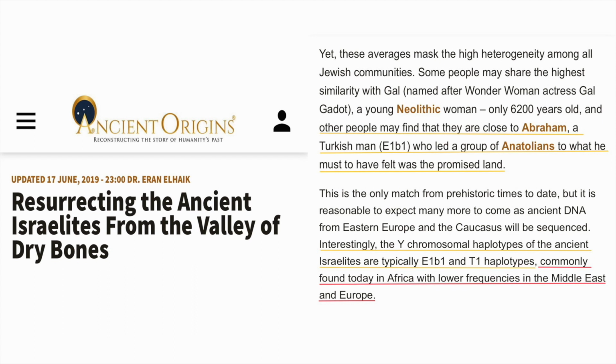Interestingly, the Y chromosomal haplotype of the ancient Israelites are typically E1b1 and T1 haplotypes, commonly found today in Africa with lower frequencies in the Middle East and Europe.